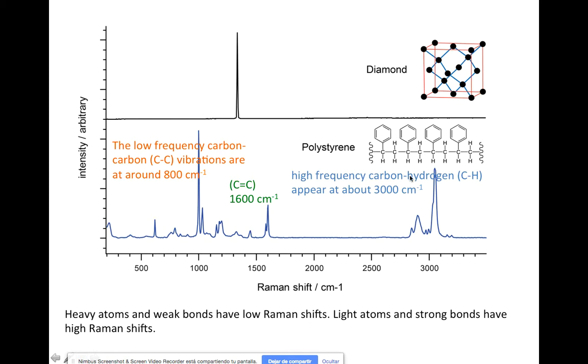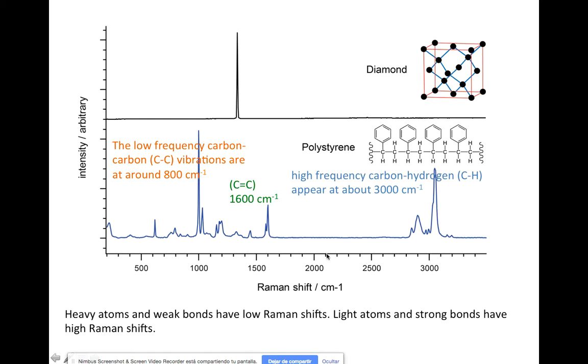You can see here that the high frequency carbon hydrogen appears at about 3000. So this is the CH, the tertiary carbon. It appears at about 3000 because light atoms with strong bonds have high Raman shifts, and this is demonstrated here.